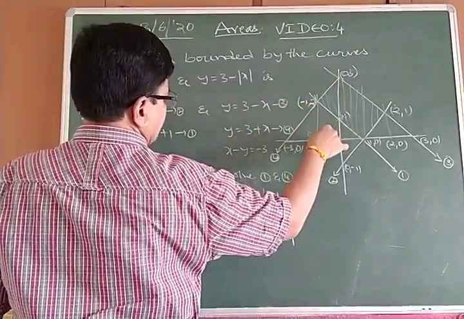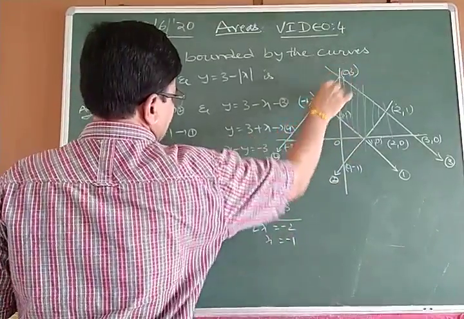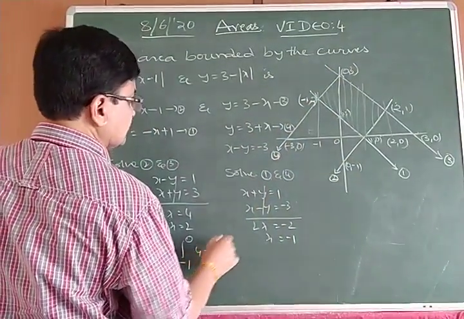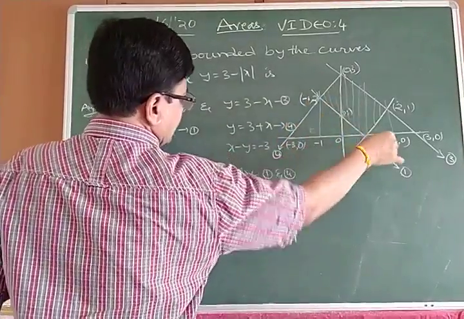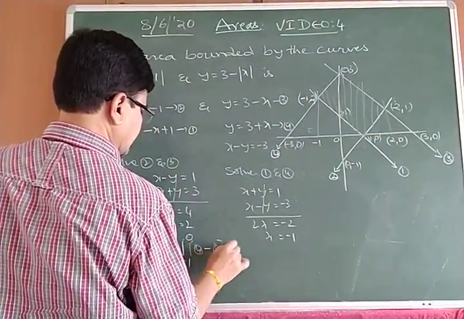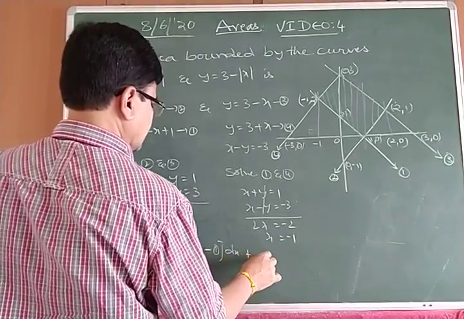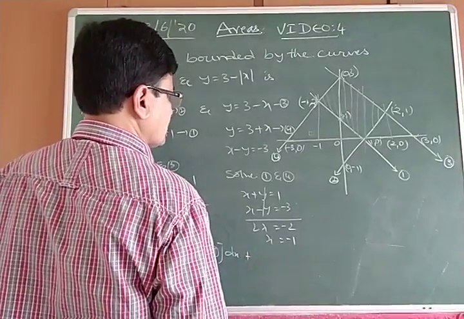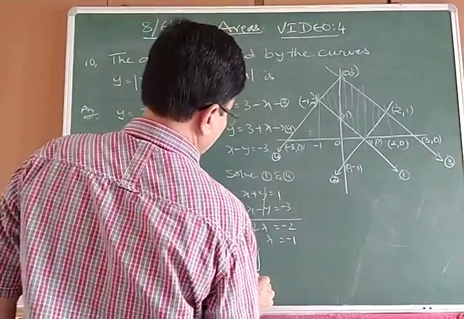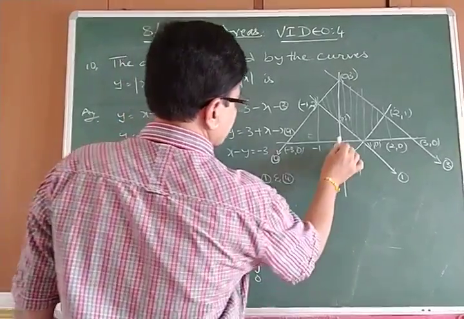of the upper curve. Here from minus 1 to 0 the upper curve is the fourth equation, so fourth equation minus first equation dx, plus the integral from 0 to 1.